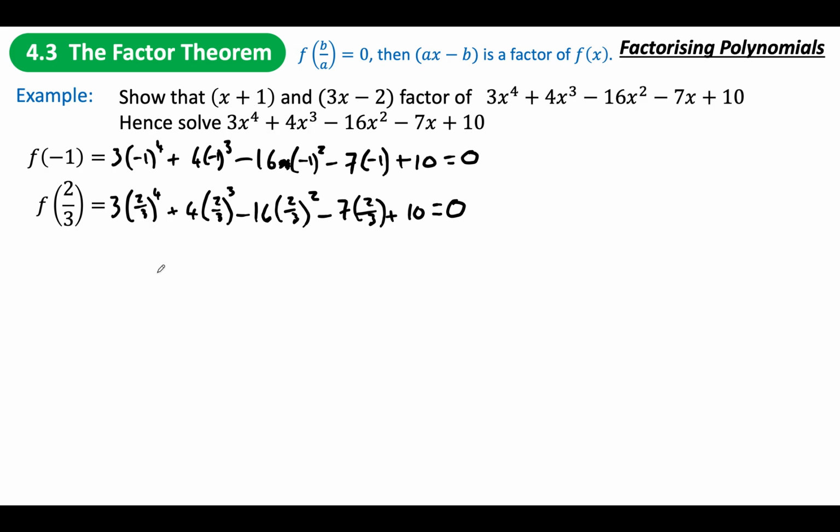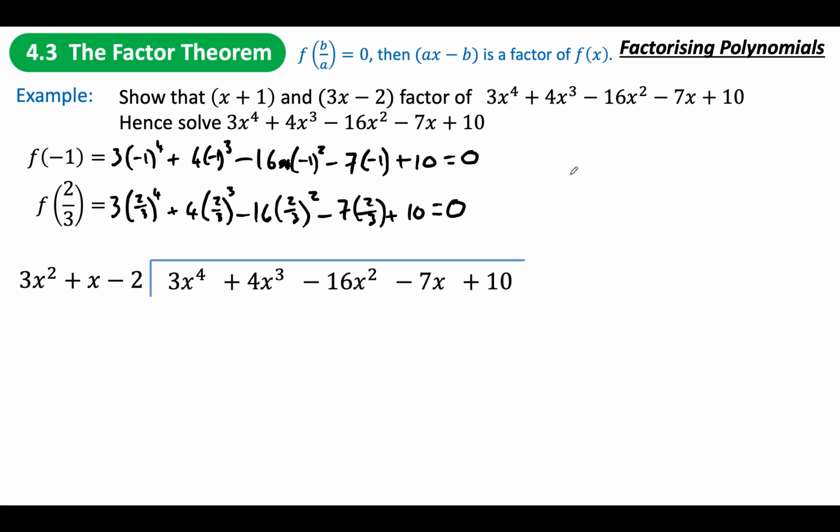Right, here's the cunning bit. I now need to be able to see what's left over from my expression here. I'm just checking there's no more to this question. Ah, yes, there is. I just wanted to make sure I've got space. Now, if I take those two factors and multiply them together, I'm going to get a quadratic expression.